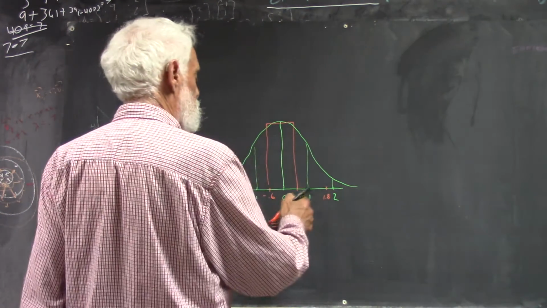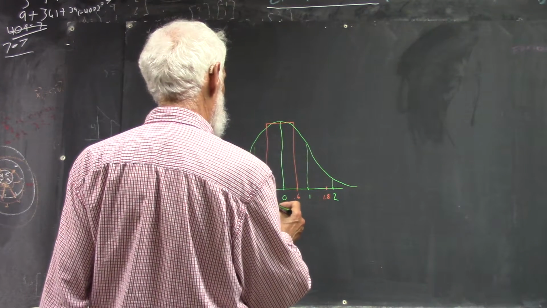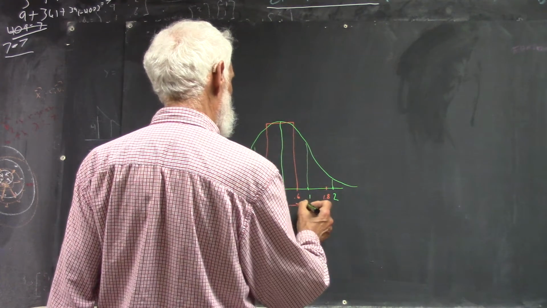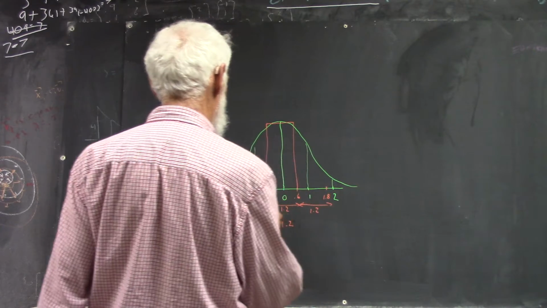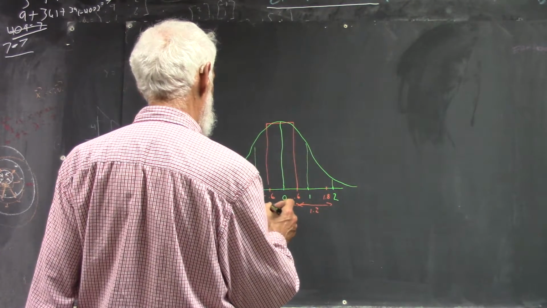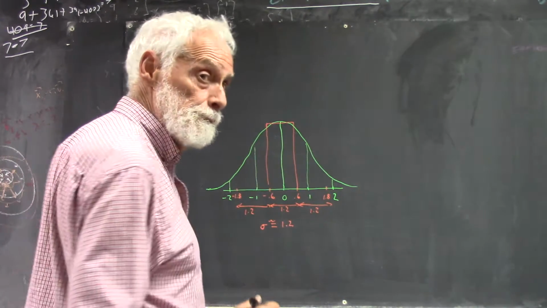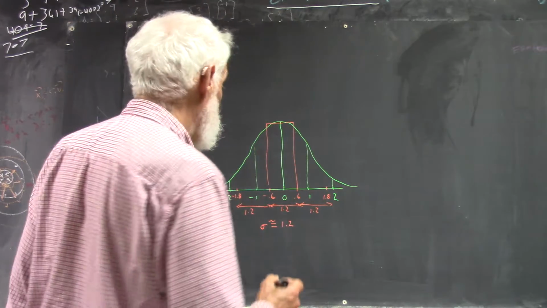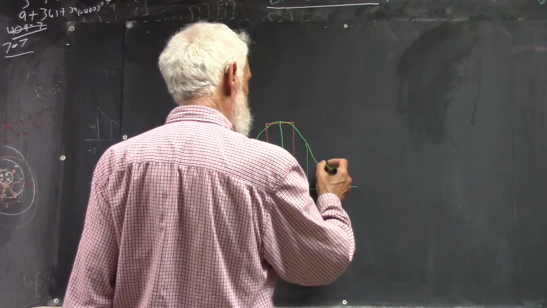Okay. Now, I've got another region that's a standard deviation wide. This is 1.2. This is 1.2. And this is 1.2. Okay? I'm going to try to make a bar here.